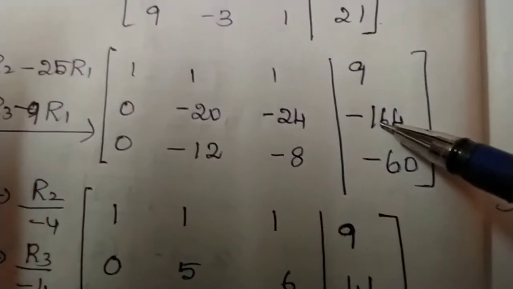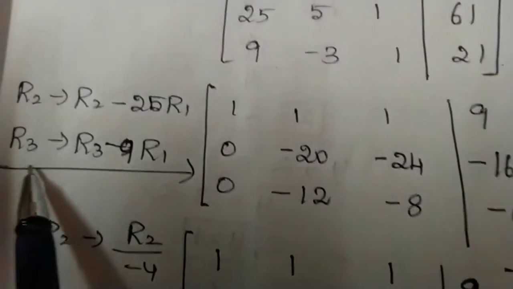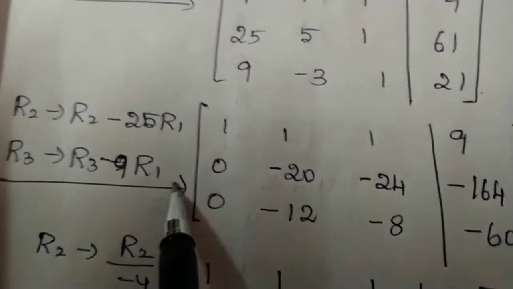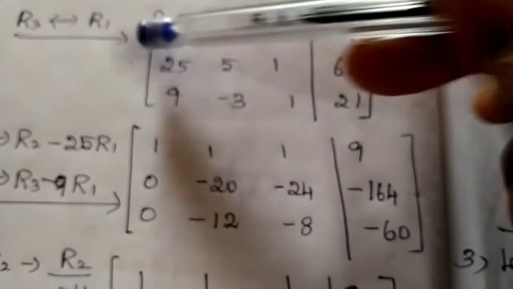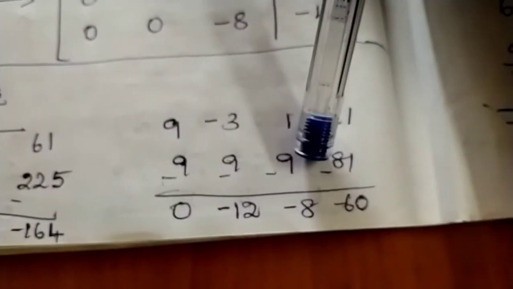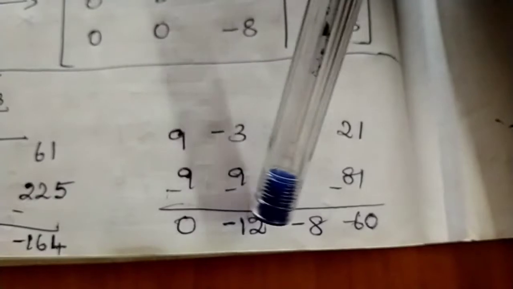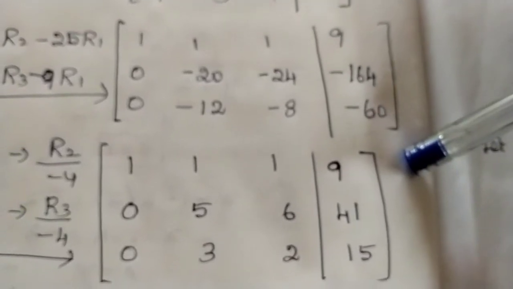Write this. Next, R3 implies R3 minus 9 R1. R3, and 9 R1, that is R1 multiplied by 9. Subtract this, we get 0, minus 12, minus 8, minus 60.